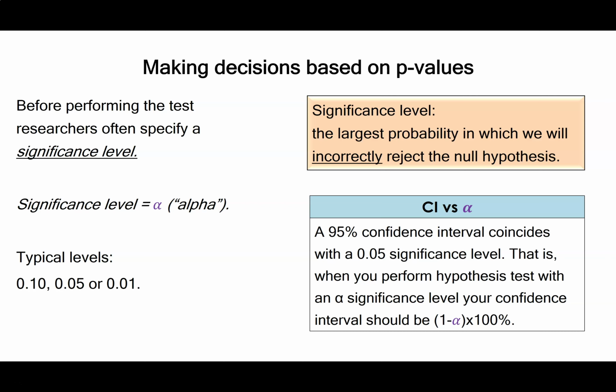We use this Greek letter alpha, and typically you have 0.10, 0.05, or 0.01. R.A. Fisher is some dude who just really, really liked 0.05 way back in the day. It's not necessarily that there's a scientific basis for it, it's just really popular.